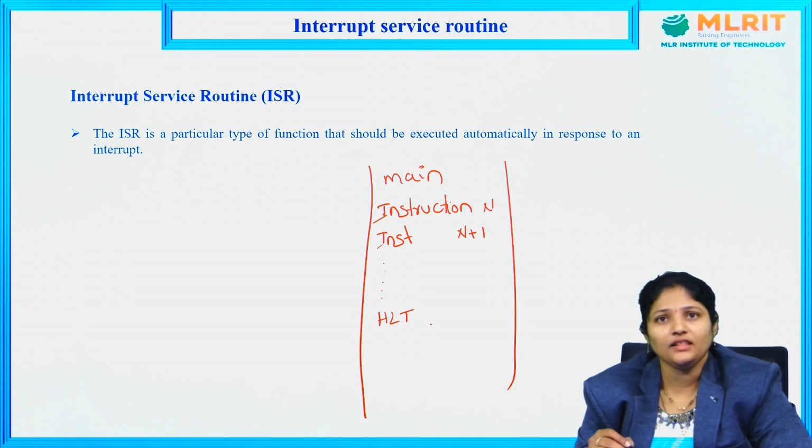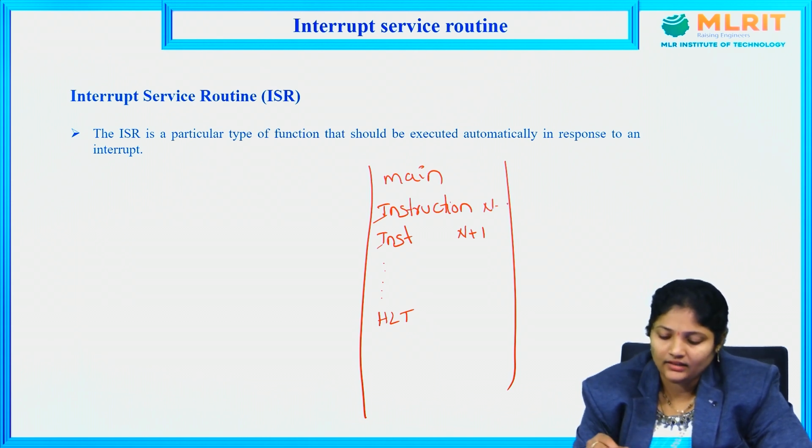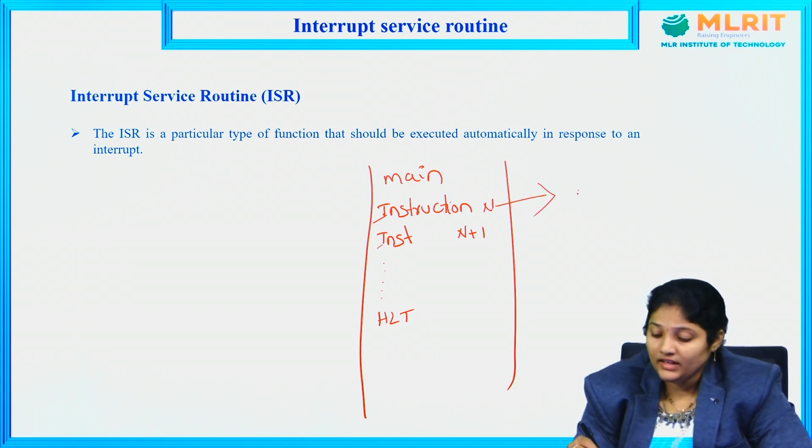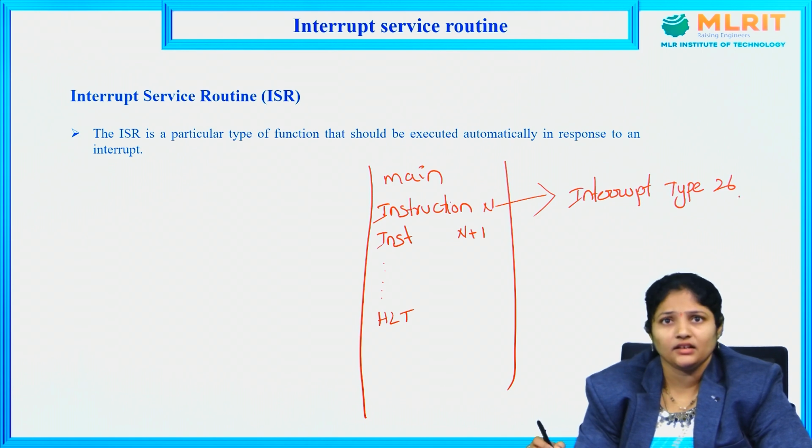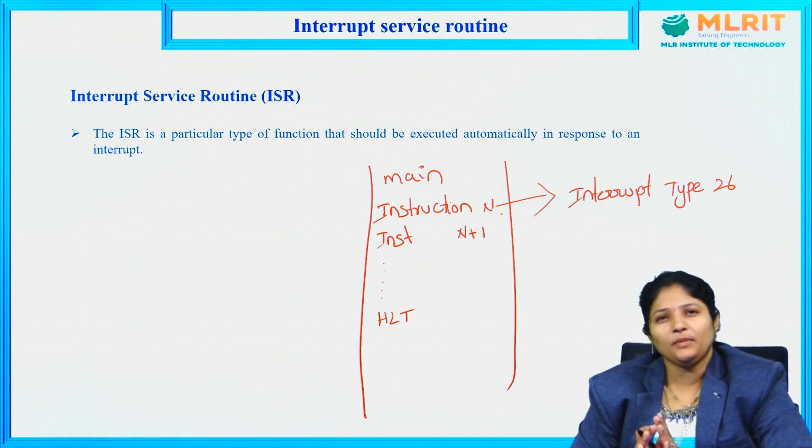Suppose an interrupt like type 26 occurs while executing the Nth instruction. What will the microprocessor do?